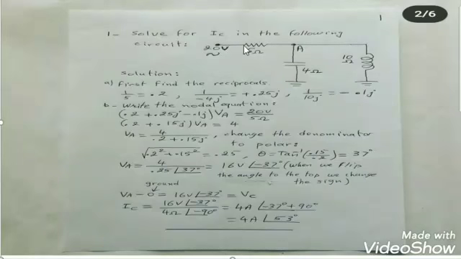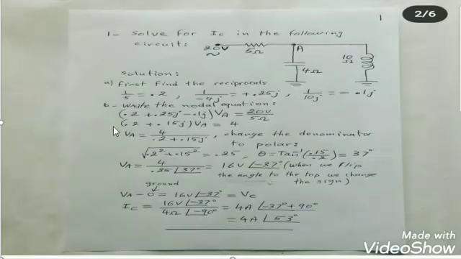So 20 divided by 5 equals 4. And subtract 0.25j minus 0.1j becomes 0.15j. Take down the 0.2 for the resistor as it is.